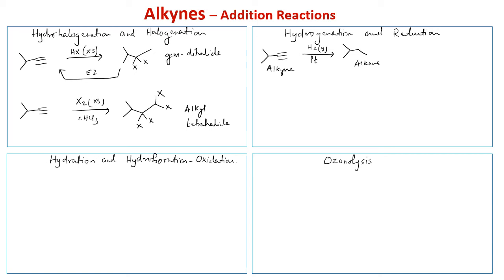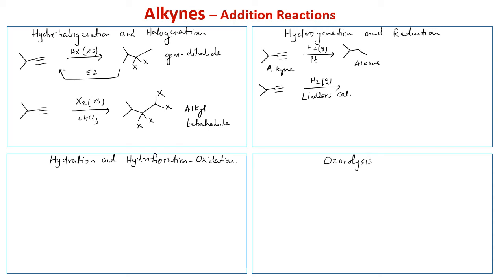So you can do this reaction in a controlled manner by using a poisoned catalyst, with hydrogen gas, and you can use Lindlar's catalyst. Again, the details of what this catalyst is can be found in the Alkynes chapter.